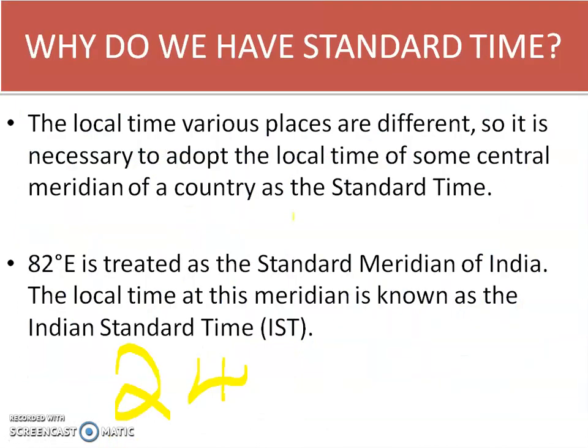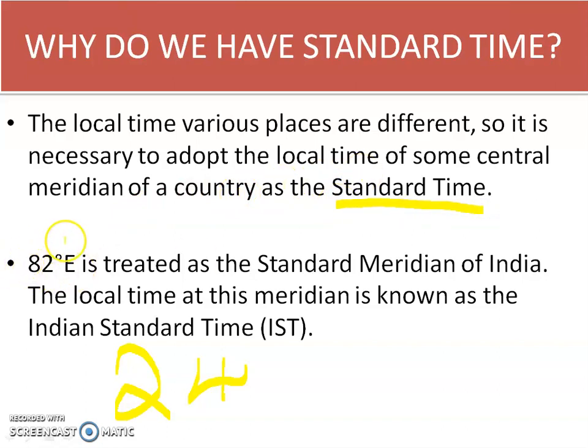Now moving on to the next point, that is local time. Various places have different times, so it is necessary to adopt local time for some central meridian of a country. That is why there is a standard time.